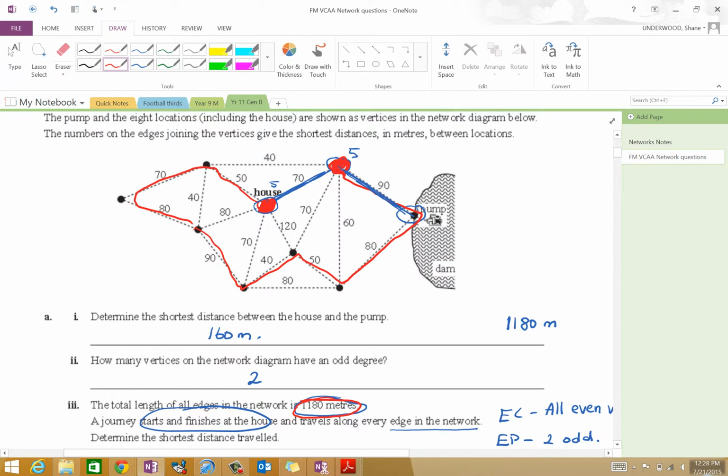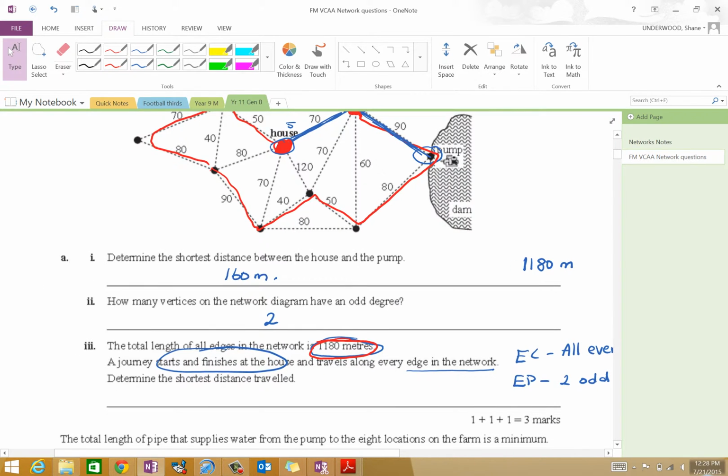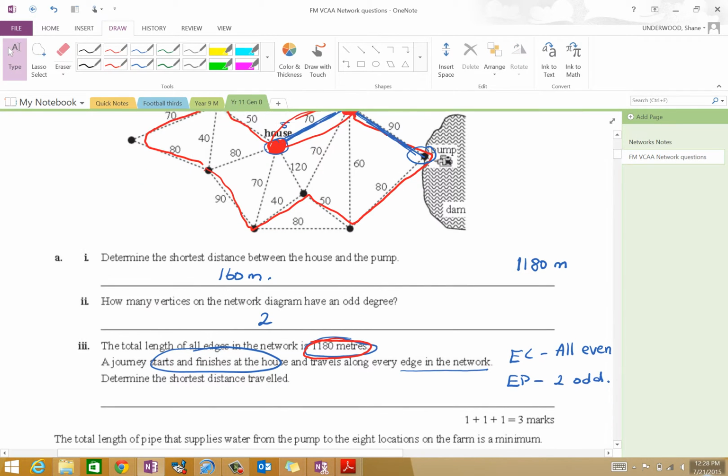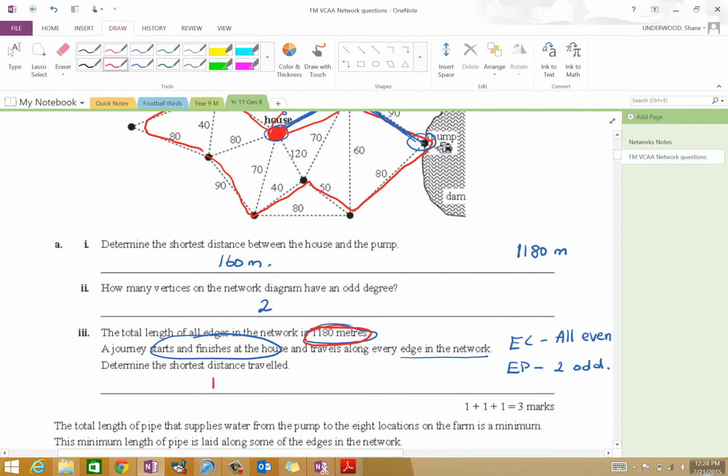So how do I get back to the house? If I've started there and finished there, don't I have to go 70 more? Yeah. So therefore, the shortest distance travelled is 1180 plus 70, which is equal to 1250 metres, and that question was not done very well at all.